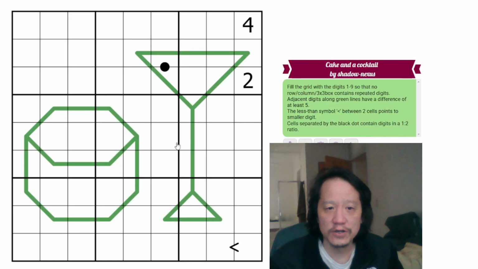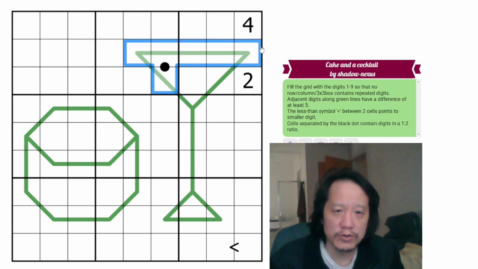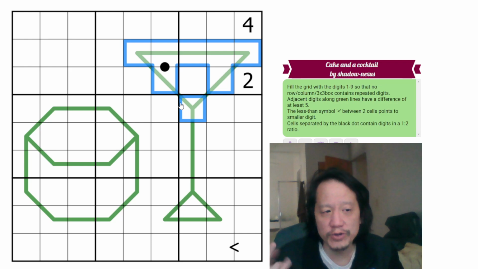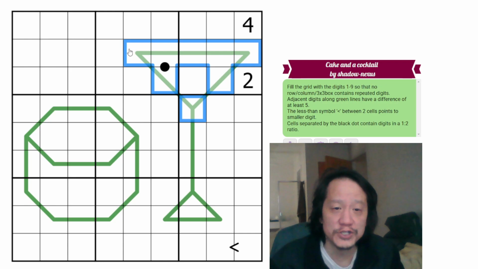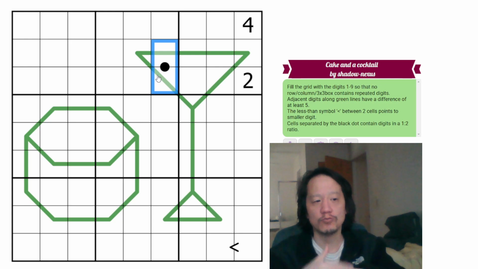Let's go. Okay, so one thing about German whisper lines is that it alternates between highs and lows. So for adjacent cells, you always have one of one set and then one of another set. The highs are 6 through 9 and the lows are 1 through 4.